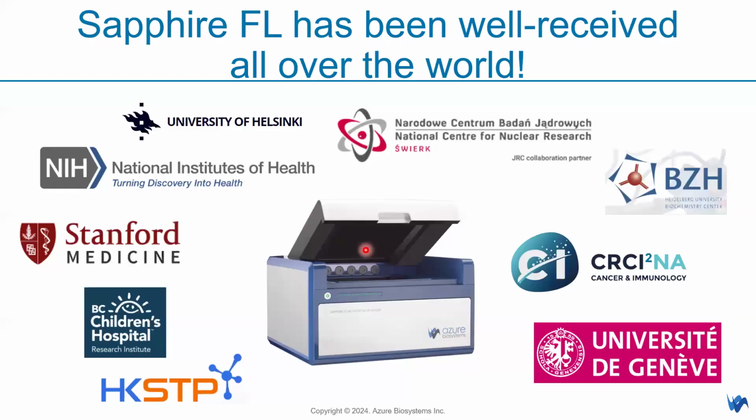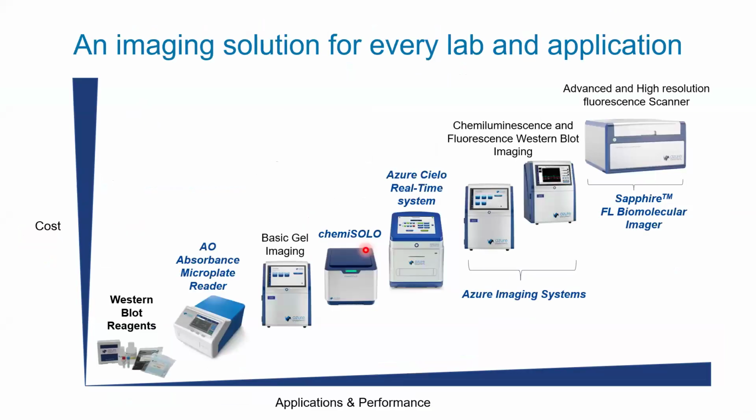We have installations over the past 3 or 4 months, and these are the installations all over the world right now. So this is what we have at Azure Biosystems, where Sapphire FL is our advanced, high resolution fluorescent scanner that we dedicate to in-cell Western users. And thank you for your attention.